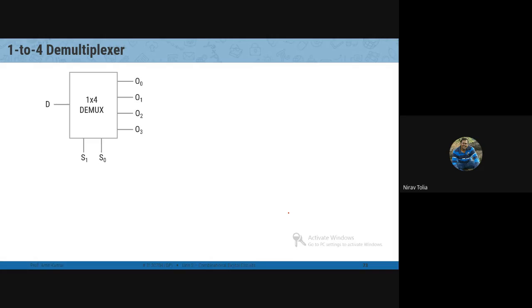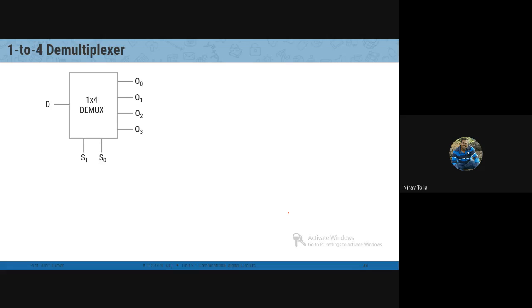Again, we have to focus on the 1 cross 4 demux. As we have a 4 cross 1 mux, here we have a 1 cross 4 demux. Here D indicates the data and O indicates the output. So we have only a single data input D, and we have 4 outputs, O0, O1, O2, O3.